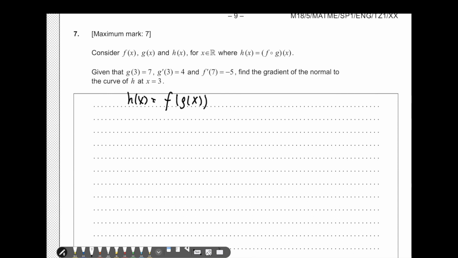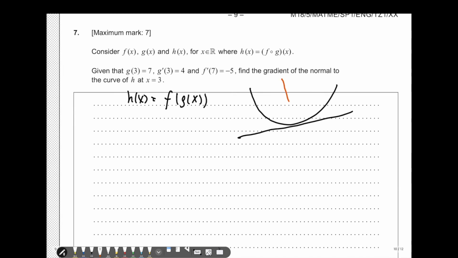So how can we find the gradient of the normal? So firstly, we have the parabola, and we have a tangent line. For the normal, that means which is perpendicular to this tangent line.